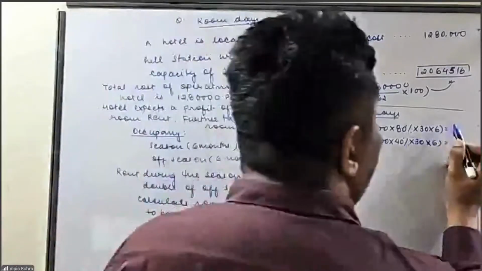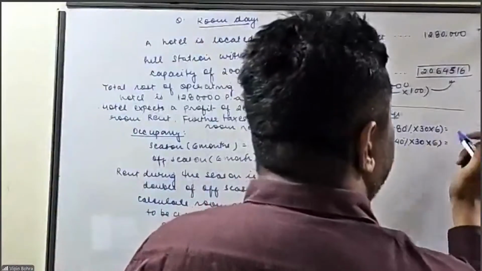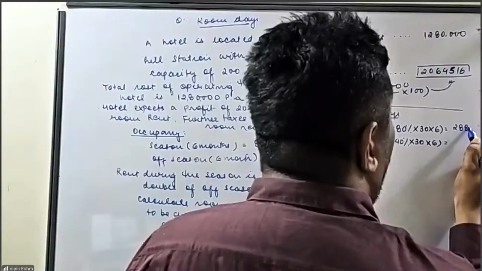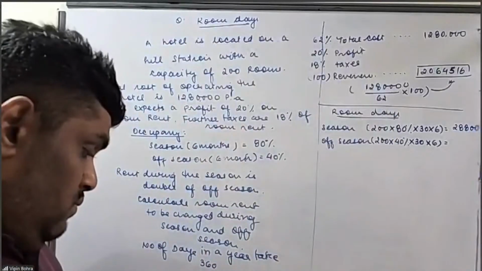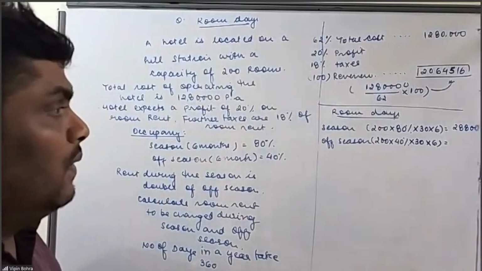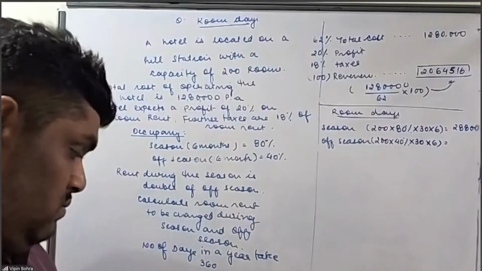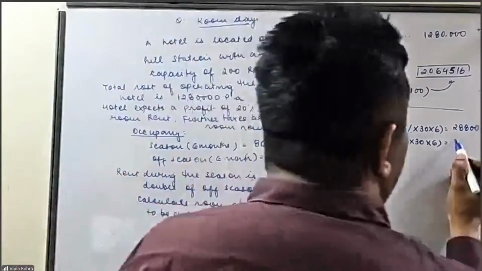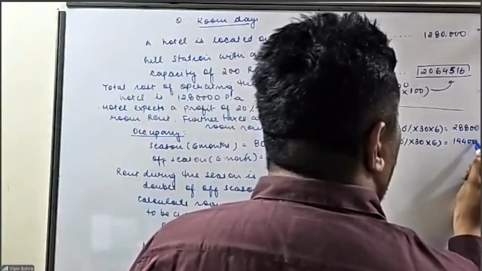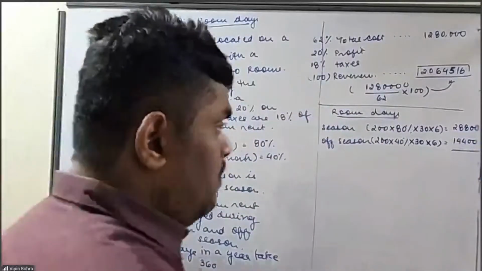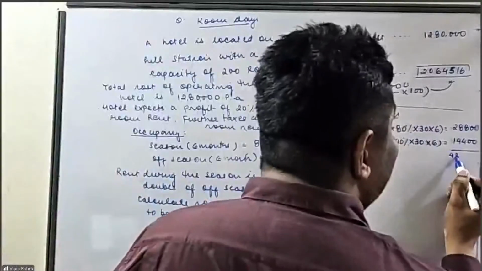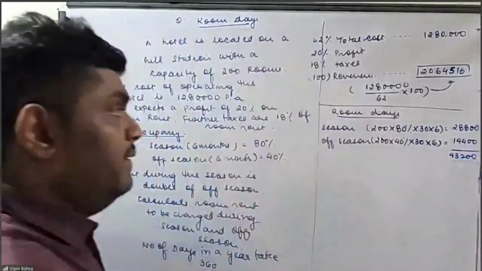So this will be 28,800, and this will be 14,400. So total number of room days are 43,200.